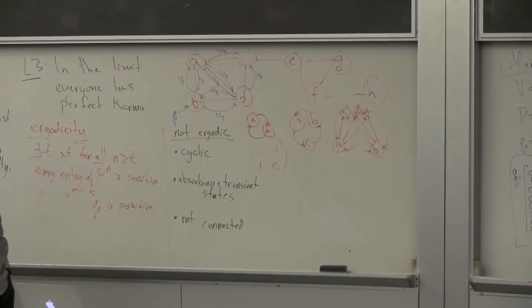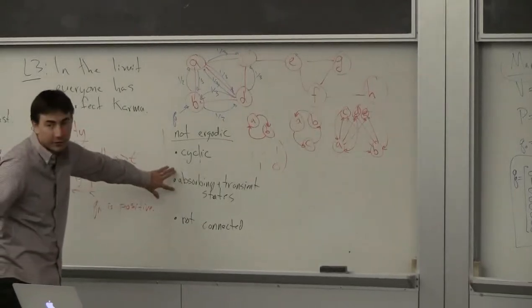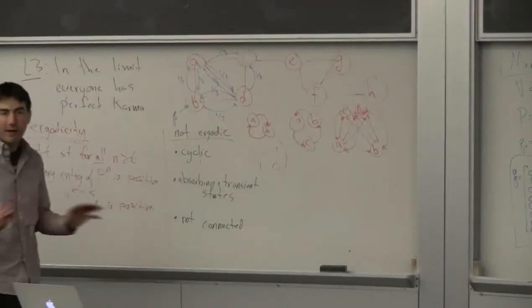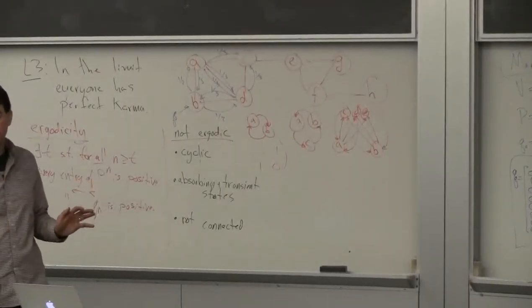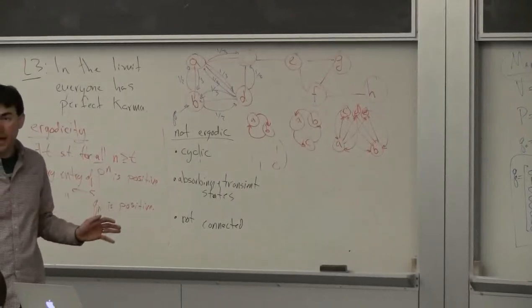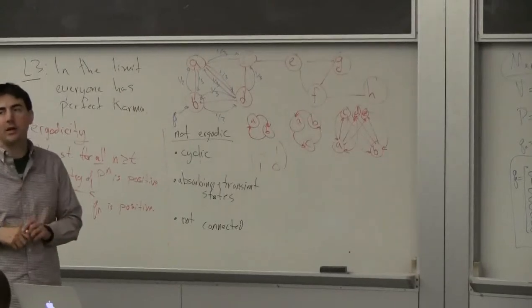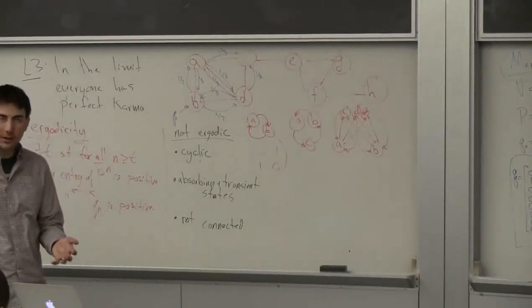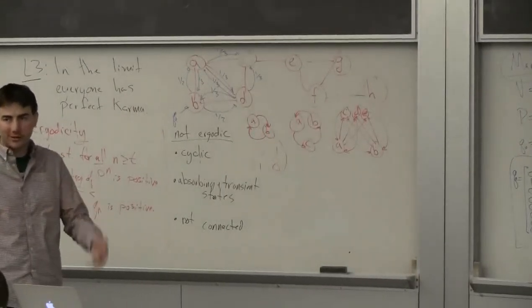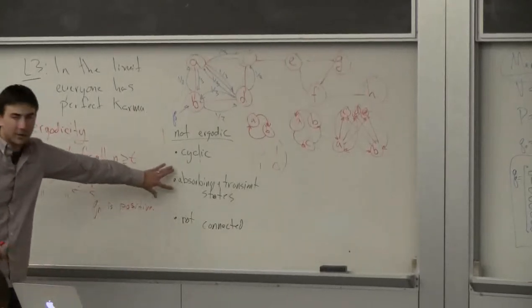That's actually a slightly stronger property, as we'll see. If you have a probability of being someplace that is 0, that's clearly bad. But it doesn't even have to be 0. It can be approaching 0. So there's some kind of limiting condition, and I'll describe that in a minute.